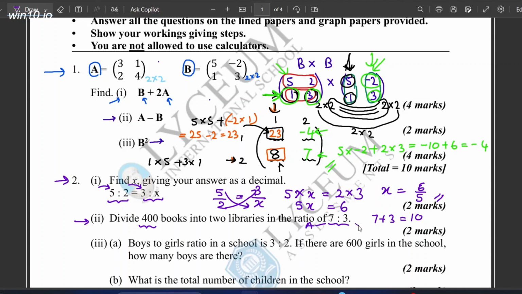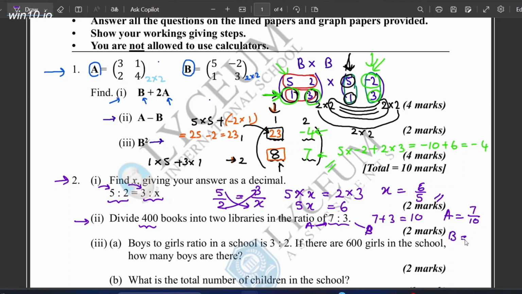Now, how much should we give to the first one? Let's call this A. This is B. So we can say A is equal to 7 over 10 as a fraction of the whole. Let's say we get 7 pieces and 3 pieces. So we totally have 10 pieces. The meaning of this is A has 7 pieces out of 10 and B has 3 pieces out of 10.